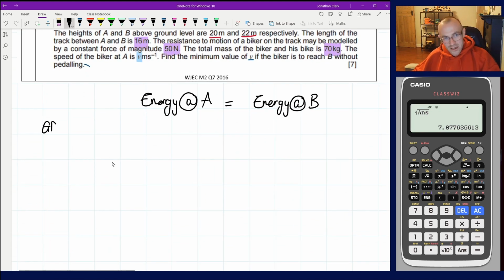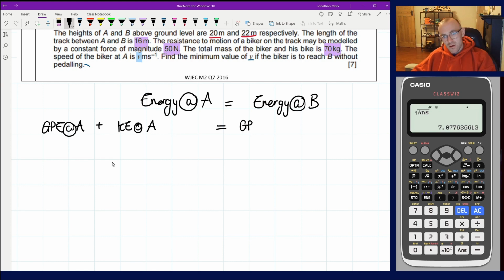I know that at A, there's definitely some potential energy because I know a height above ground. And I also know, because the cyclist is moving at the point A, there's some kinetic energy. Because the cyclist isn't pedaling, there's no additional energy in to consider here. But if he was pedaling, that's where it would go.